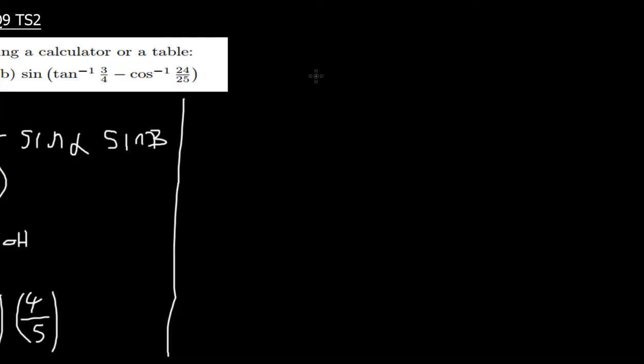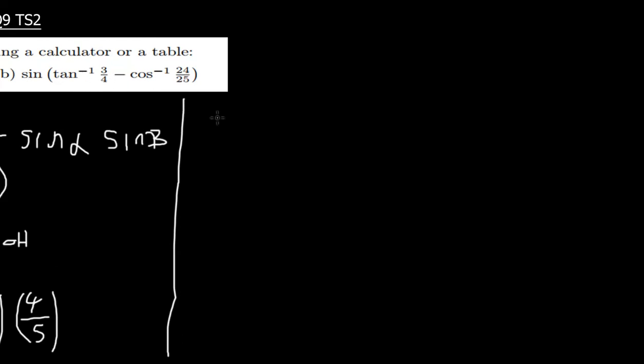Hope we're together. For sine, since the angles are different, you will use sine A cos B plus cos A sine B, but the sign is supposed to remain the same. Let's move on and see what we can do.